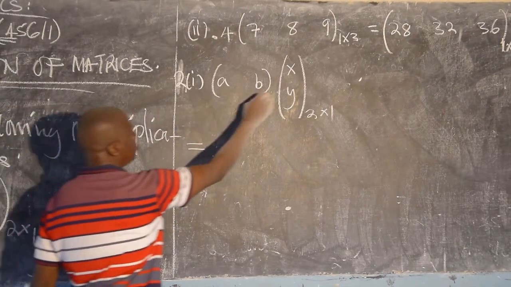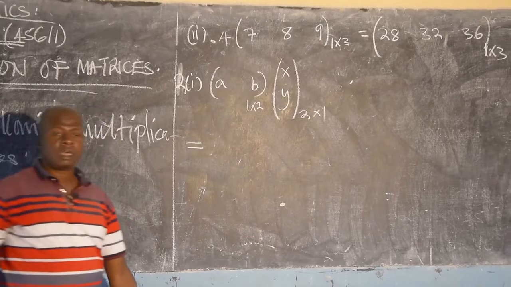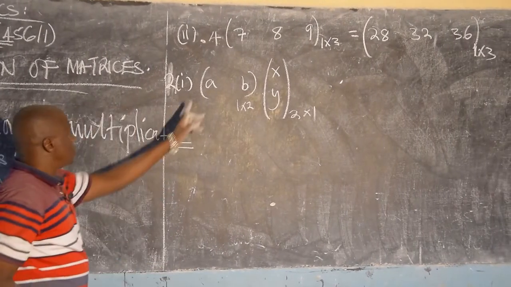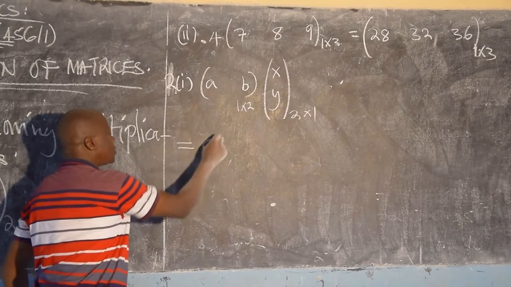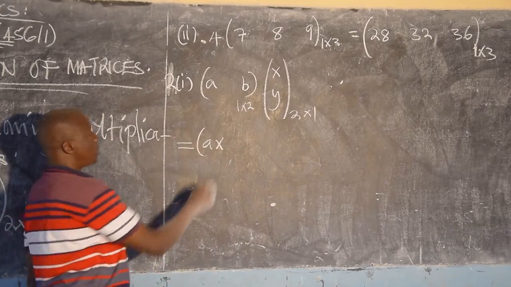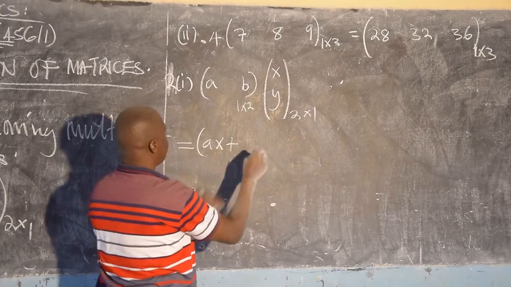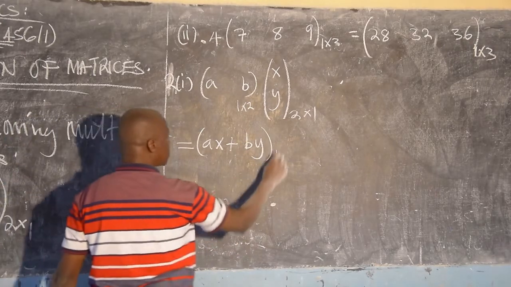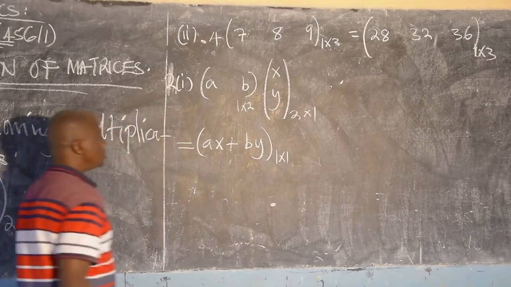That is a row by column. You stand like this, then it goes down. That is AX plus BY. The answer is 1 by 1.